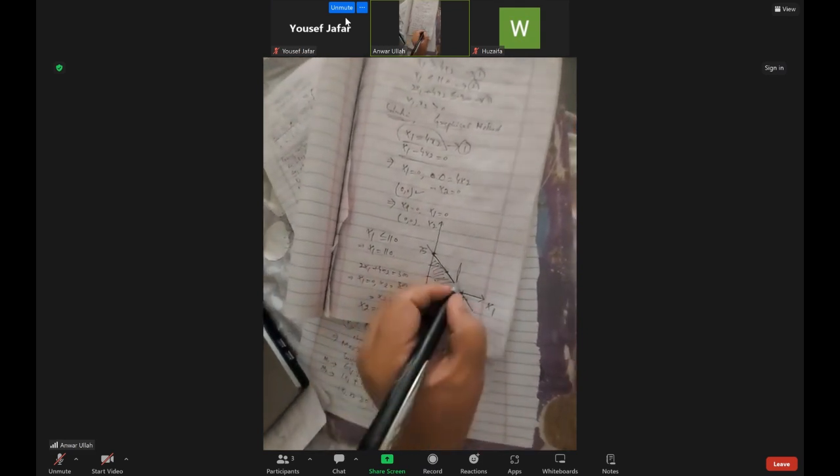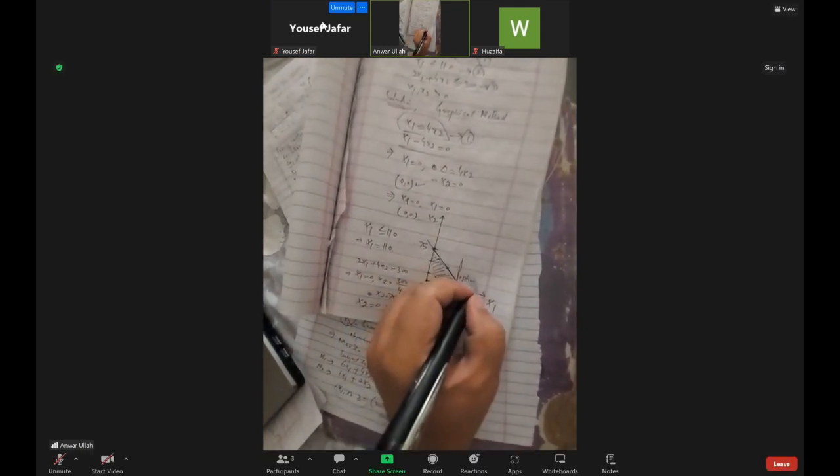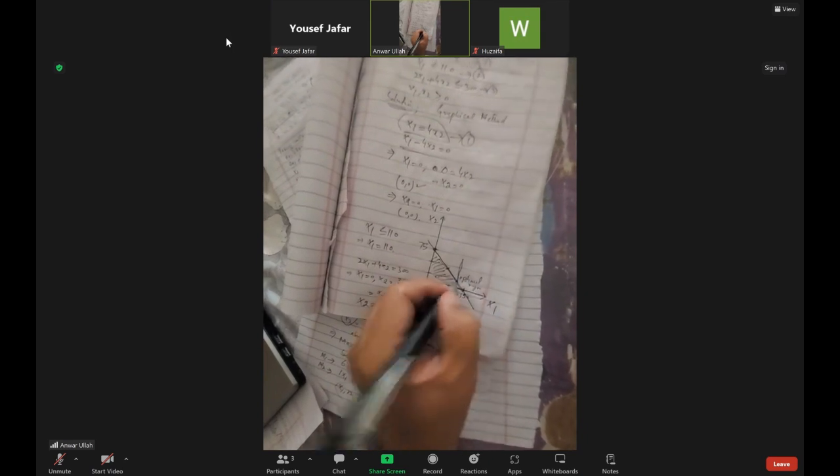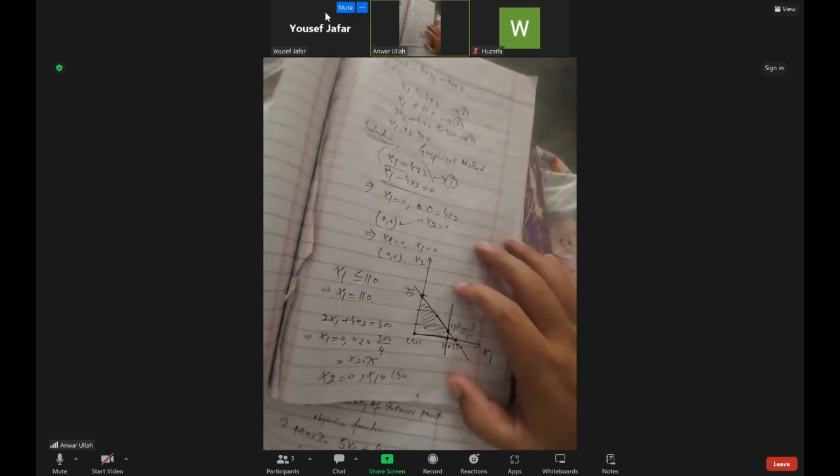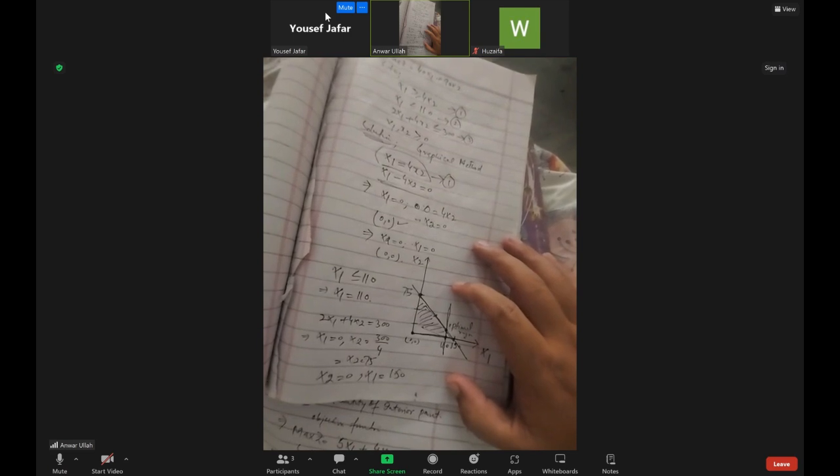This is the optimal region, this one. Do you understand it? Now we can have 4 points over here.